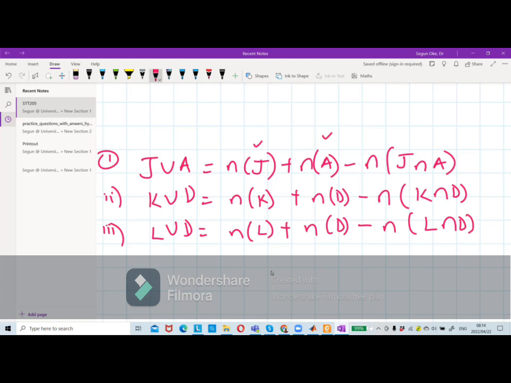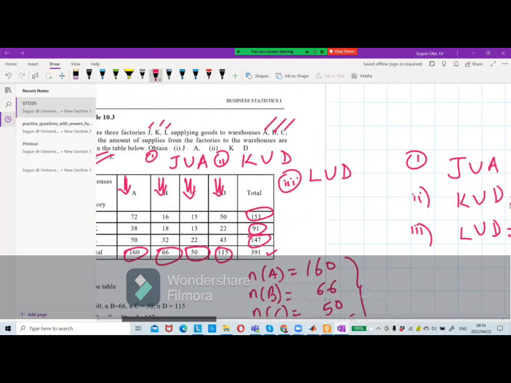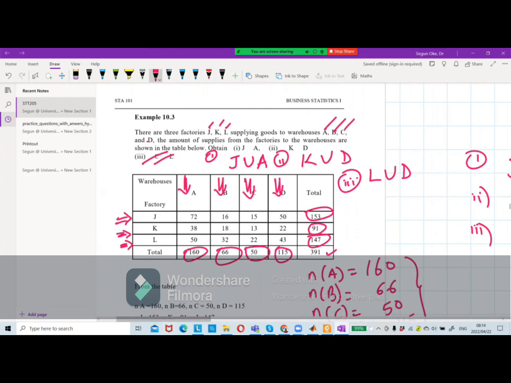So let's define this and this and this. You can only define it from your table. Okay, I will pick another marker. Let me just clean this so that you can see clearly.